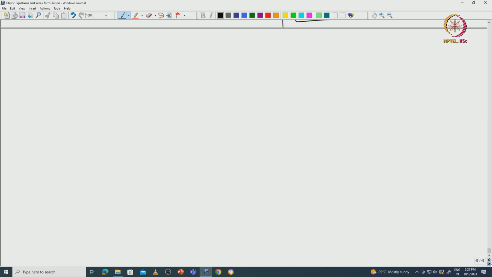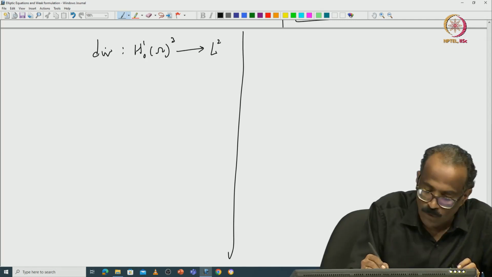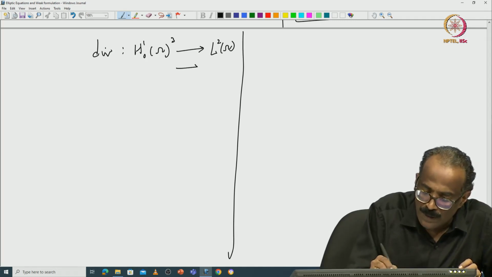So these are the two things you will be seeing each time. On one hand, divergence maps H1 naught of omega cube to L2 of omega, in fact L2 of omega or L2 naught.